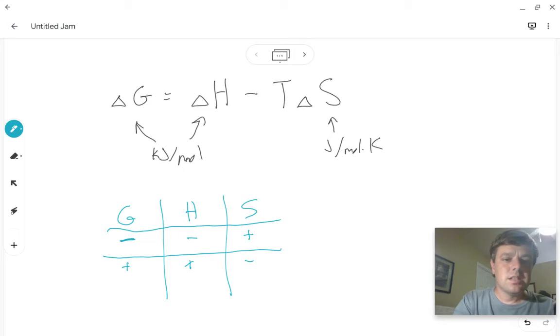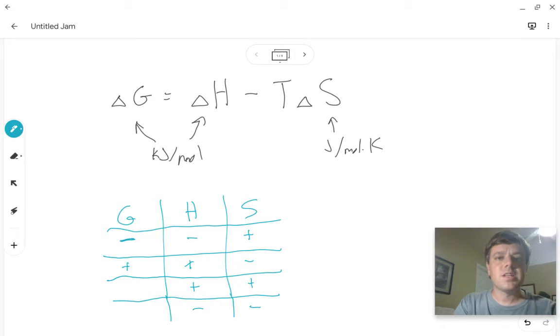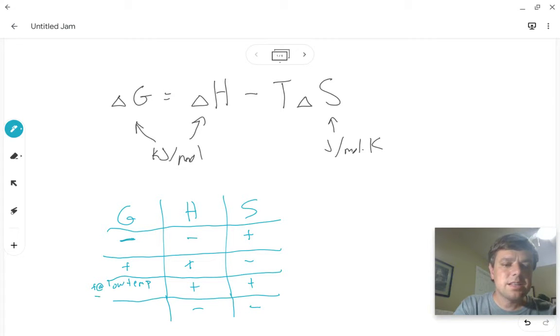Right? Now, where things get interesting is if they're both positive, or if they are both negative. Because if these are both positive, then G is going to be positive at low temperature and negative at high temperature.